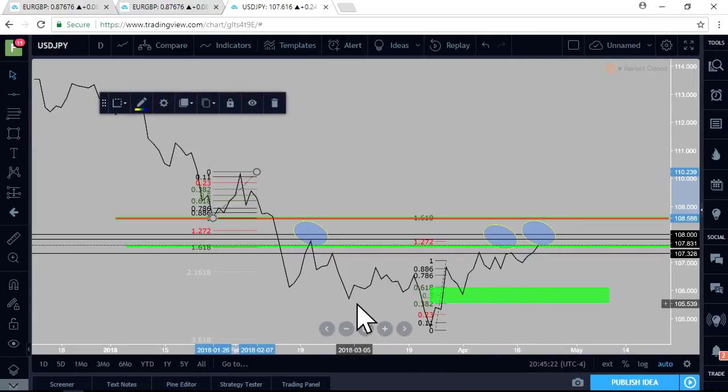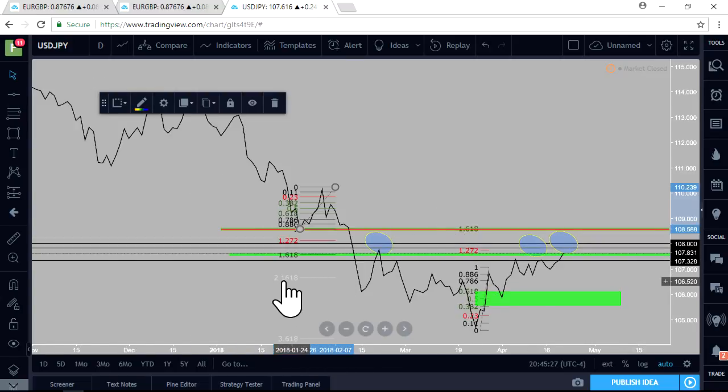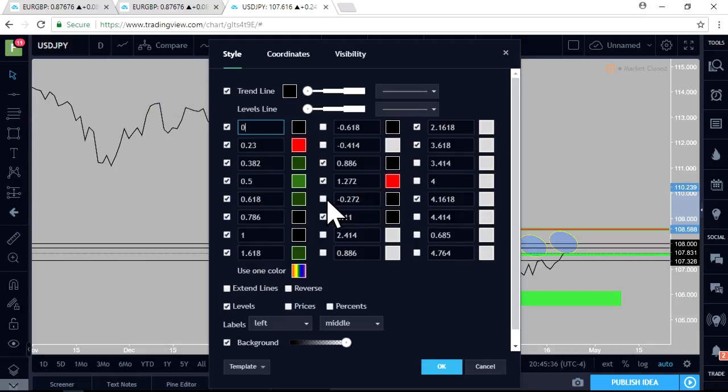Hit OK. So this market came between the 2618, and I think we might need to put up the 272. 272.